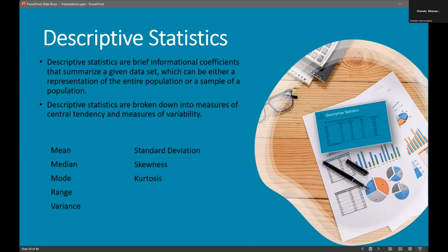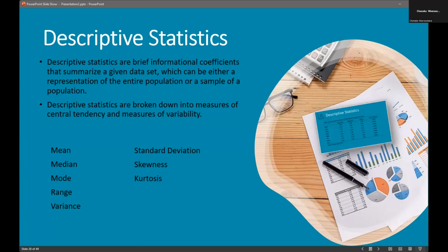But just going through them: the mean is basically the mathematical average of a range of numbers, which is what we collect as quantitative data. That means it's basically the arithmetic average, right?